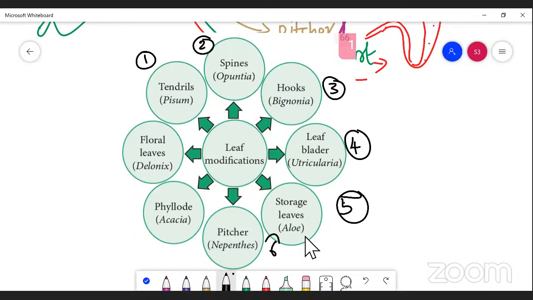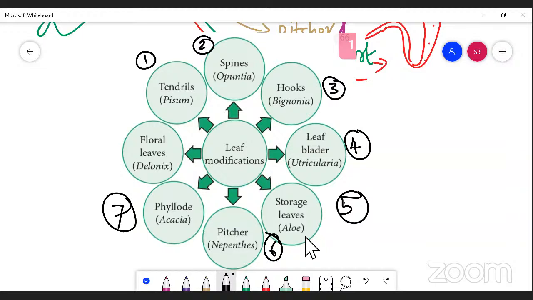My dear student, the next one, phyllode. If you take acacia, Mimosa-like acacia plant, in acacia this petiole is modified into a leaf-like structure that is going to perform photosynthesis. Generally, the leaf blade performs photosynthesis.